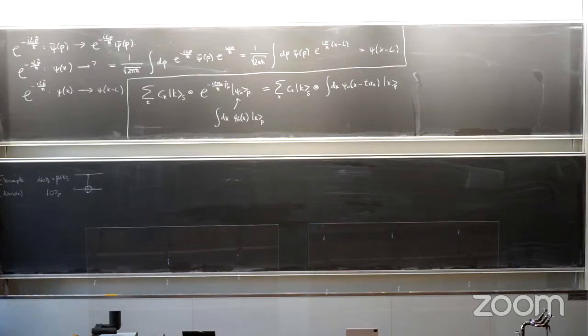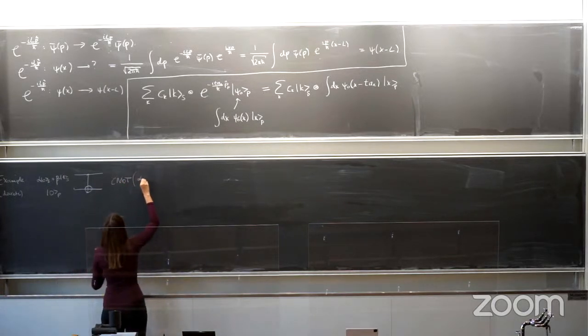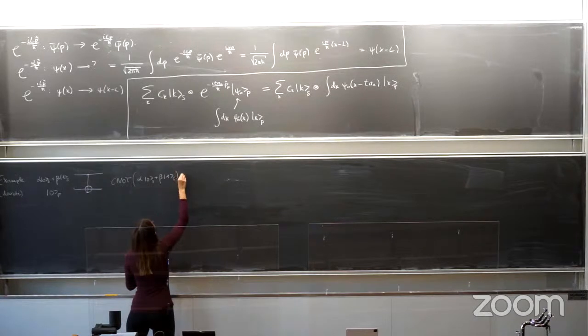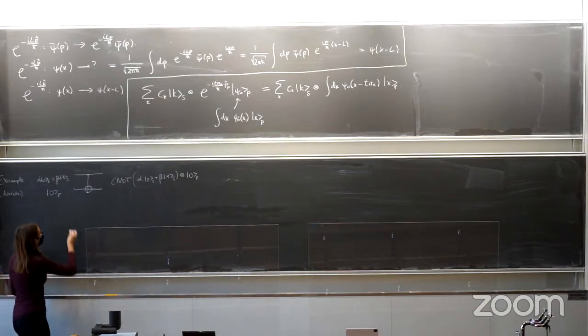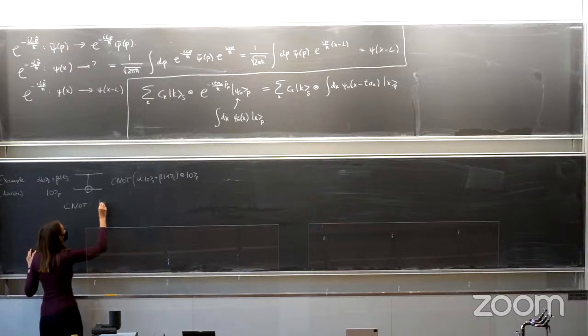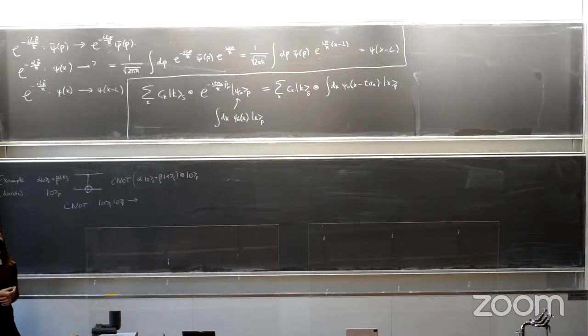So I apply the CNOT to the tensor product. Okay, so how does the CNOT act? If the state is 0, 0, what does it map it to? Yes? 0, 0. Yes.